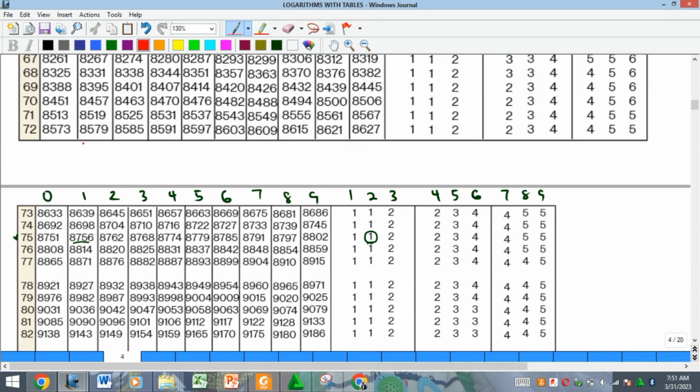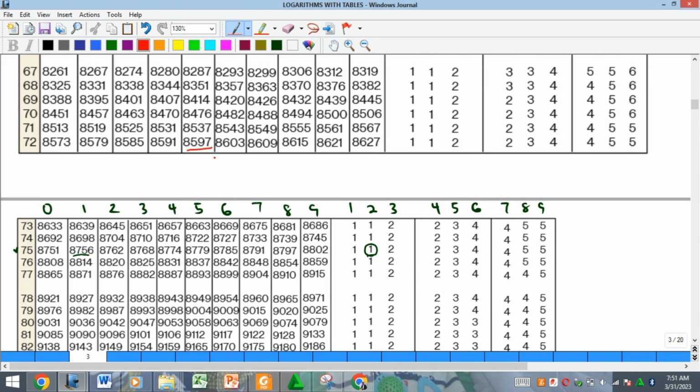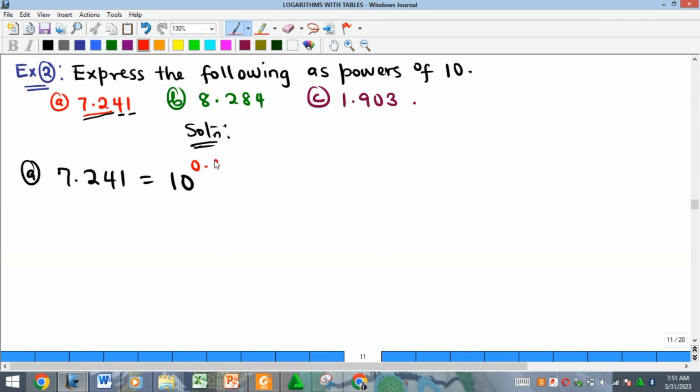Okay, here is our 72 under 4, difference 1, and difference 1 is 1. So just add 1 to this, you get 8598. And that's what we will have here, 85 and 98, and that's just the solution they are looking for. Because once you raise 10 to the power of the logarithm of a number, you will get back that number, from the definition I gave.